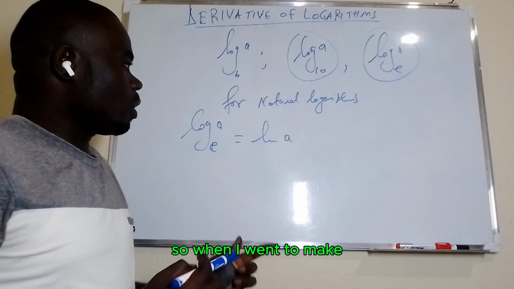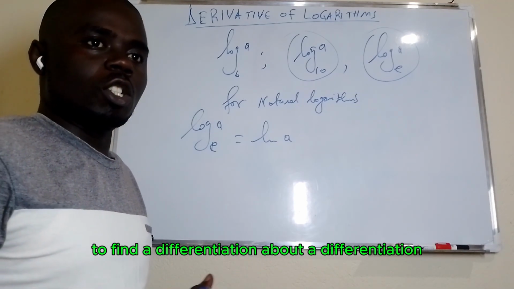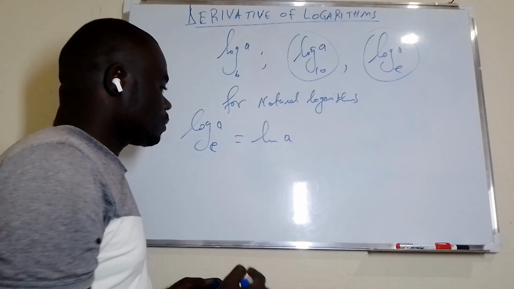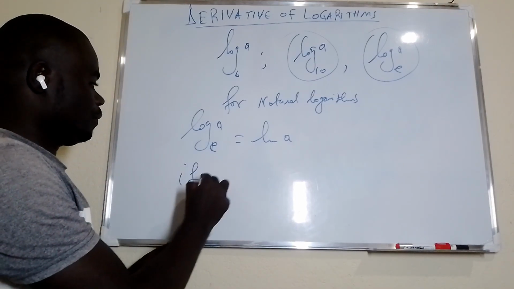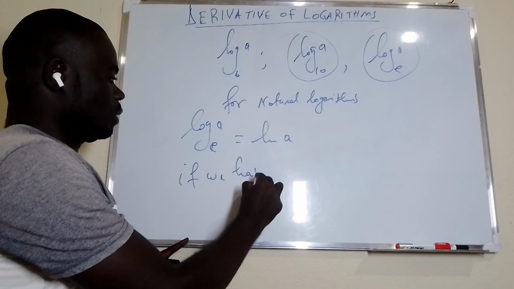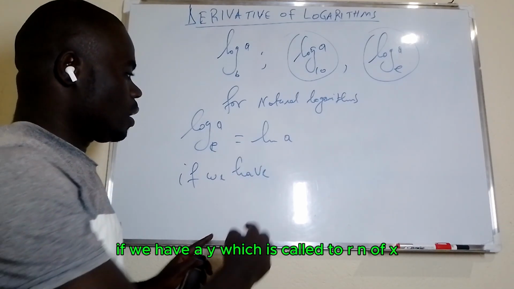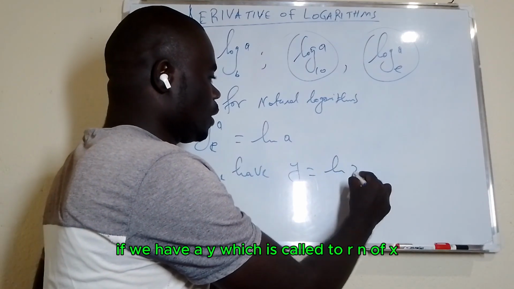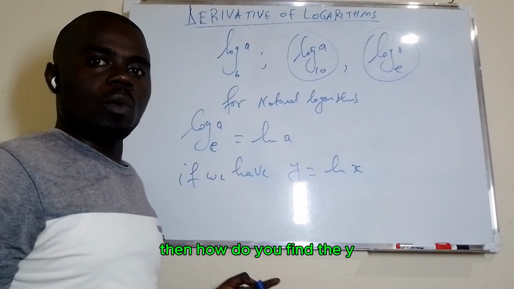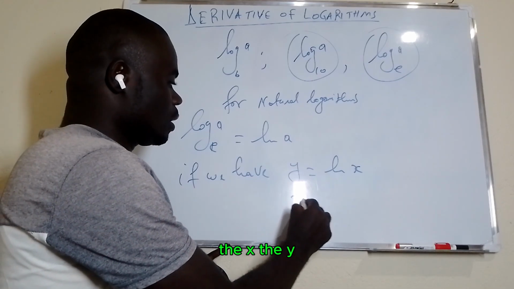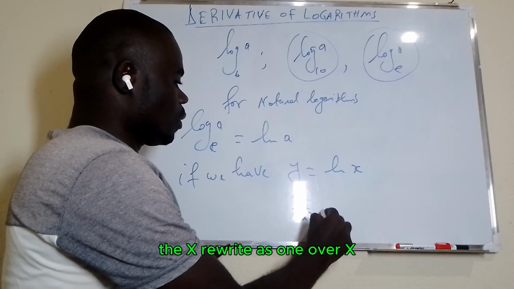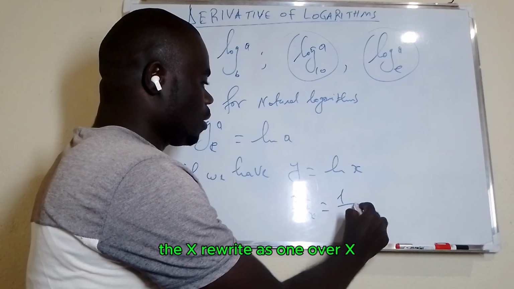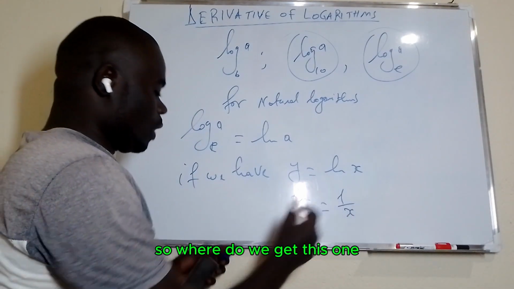So when we are going to find the differentiation, if we have y equal to ln of x, then how do we find dy/dx? We write dy/dx as 1 over x. So where do we get this?